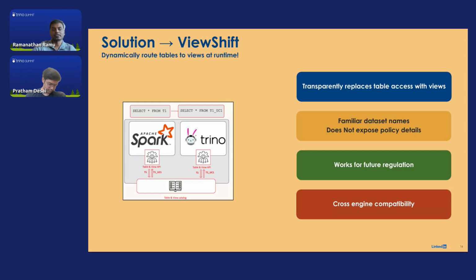ViewShift transparently replaces the table access with the DataGuard views, and users and apps continue to use the familiar dataset names. This also makes sure that the users are not exposed to the policy details. Another main advantage is it also supports upcoming policies, as new views can be introduced and enforced seamlessly, and hence it works for future regulation as well.